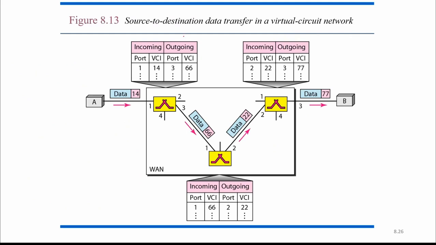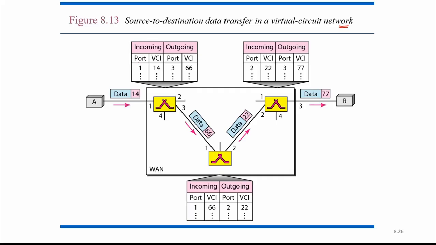Here is how the source to destination data transfer in a virtual circuit network is basically done. If device A wants to communicate with B, once it sends the data, that is 14, it should go to port 1. That is decided based on the switching table.